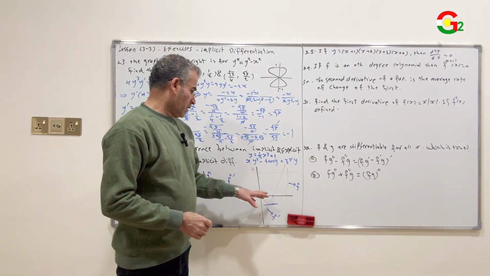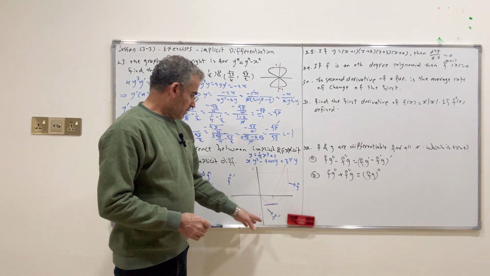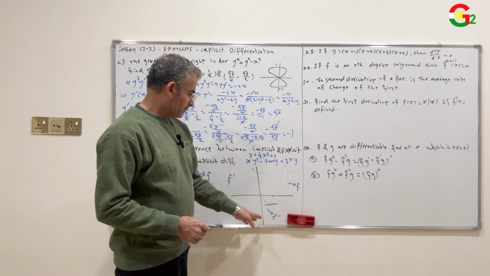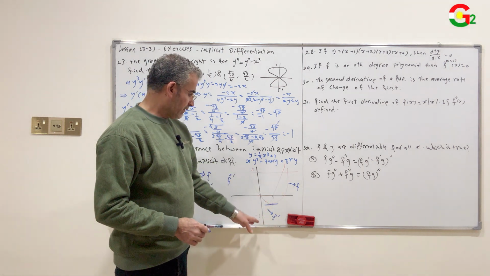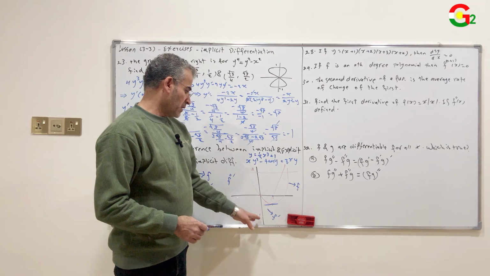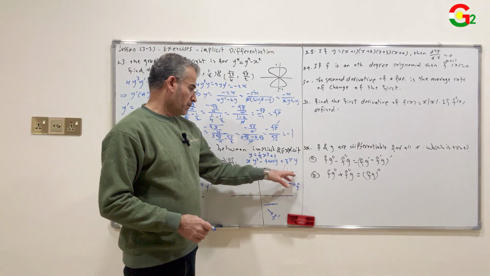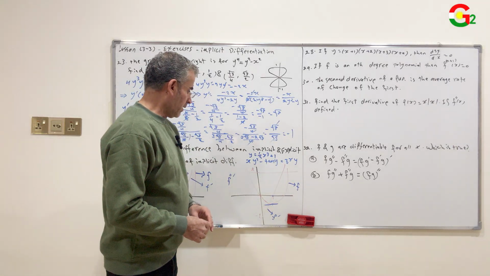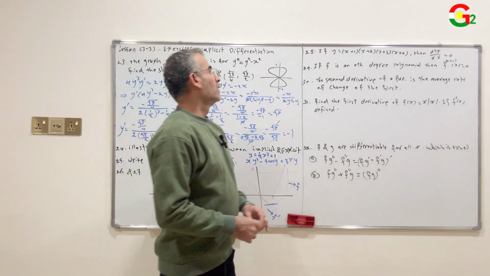Also, the line here has a positive slope, therefore this line is over the x-axis.